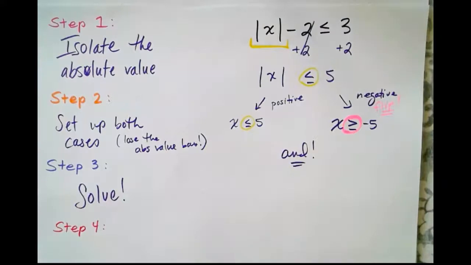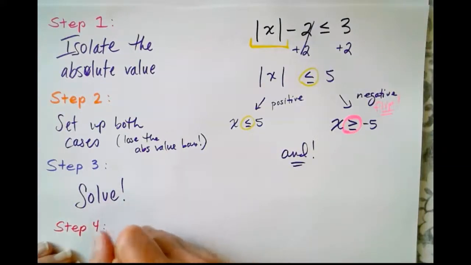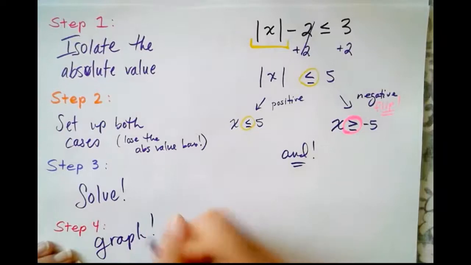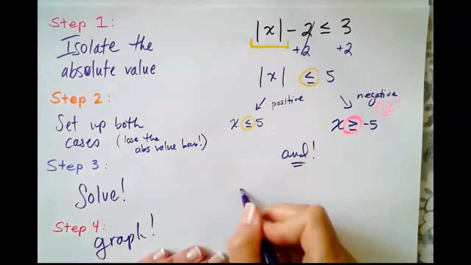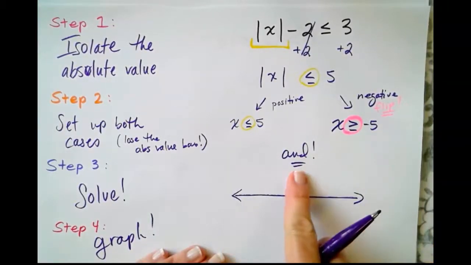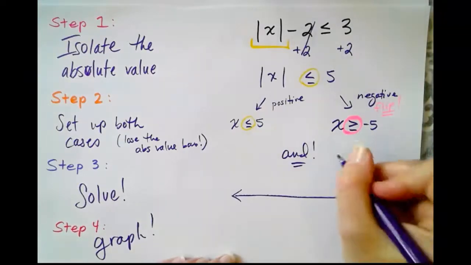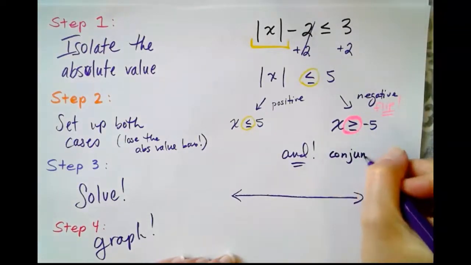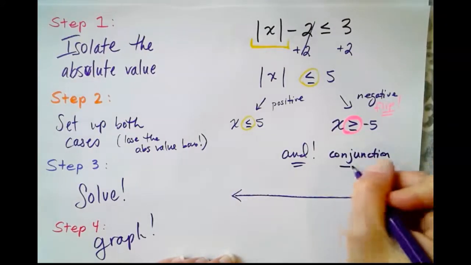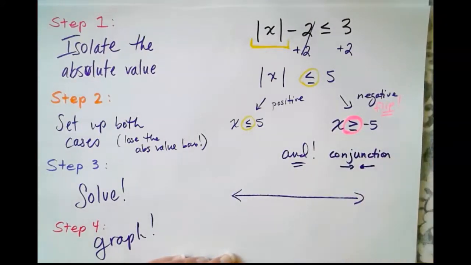So if we now go on to step 4, which is to graph on the number line, knowing that this is an and situation, and when we have an and situation, we're going to have a conjunction of sets. Conjunction. That means our sets are going to meet in the middle.